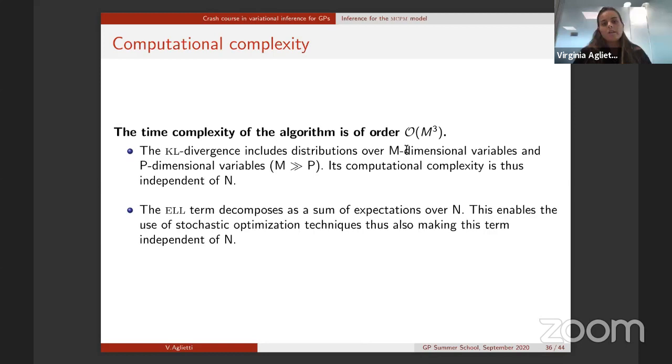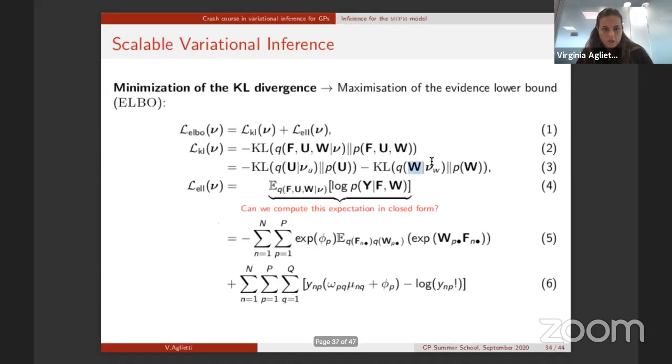Yes. Here I'm giving the complexity for every step, not the total one. I'm not considering the number of epochs that I run the variational inference for, because that depends on the application and whether the model has converged or not. But in general, the complexity is of order m cubed, because this KL divergence depends only on distributions that are m-dimensional.